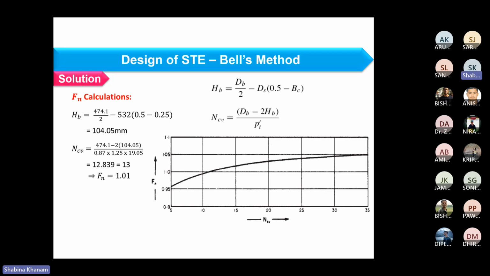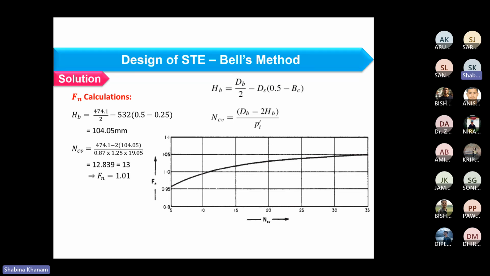Okay, and as we have discussed, NCV is a whole number, and that cannot be a decimal, so you need to consider the rounded up value. So here 12.8 is there, so you need to consider 13. If it is 12.2, then also you need to consider 13. So here NCV you need to round up, right?